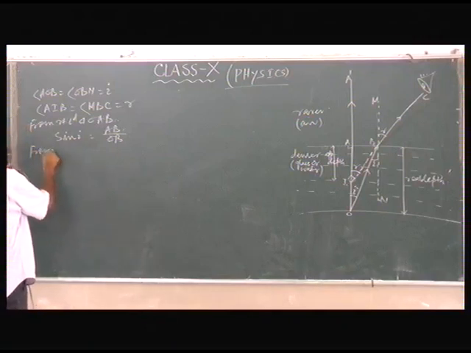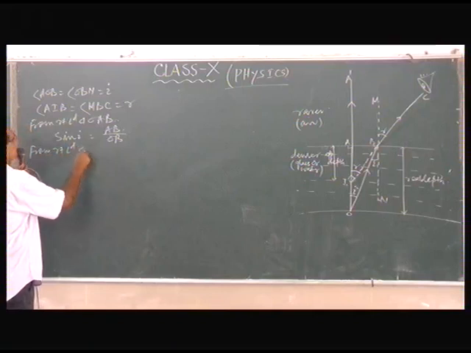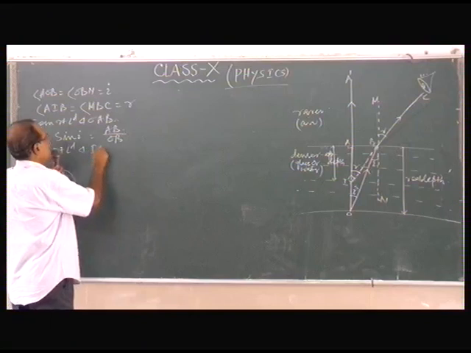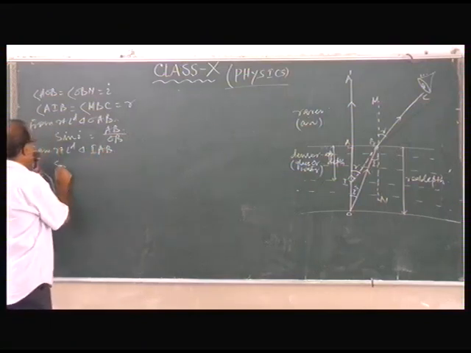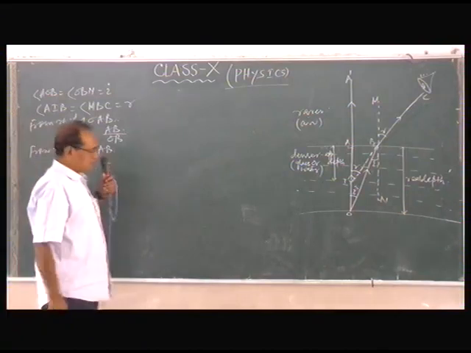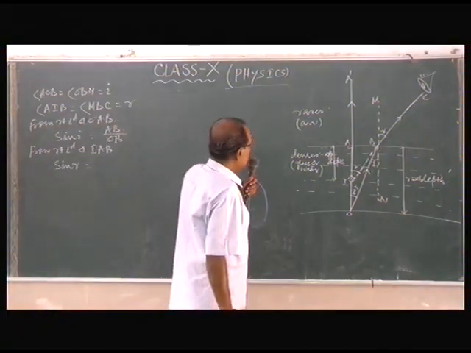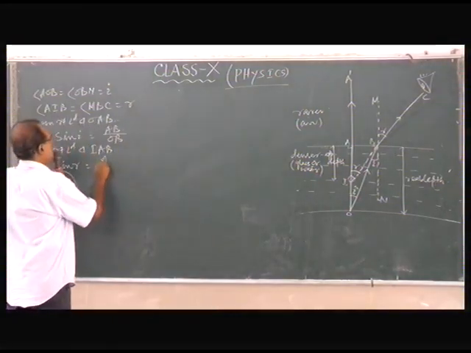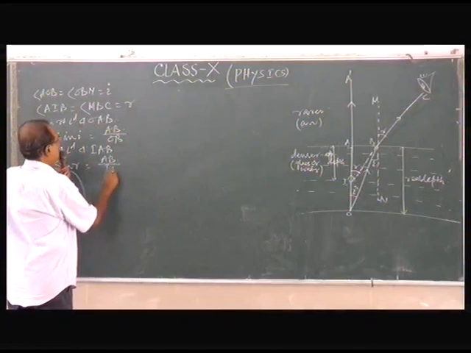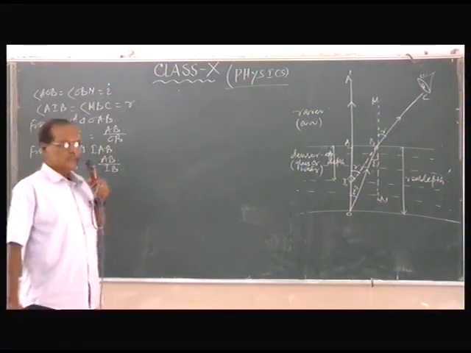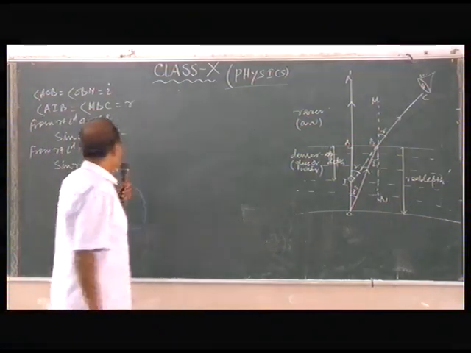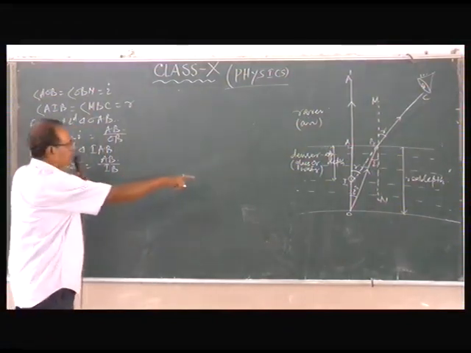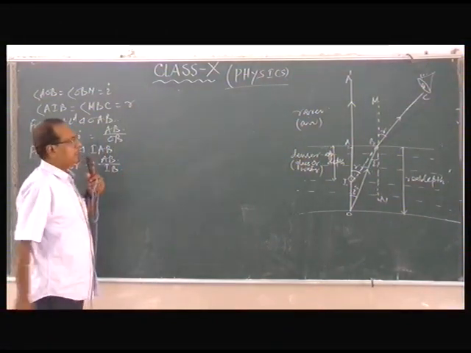From right angle triangle IAB, sin R equals AB by IB. Now by Snell's law we know that here light is traveling from denser to rarer medium.